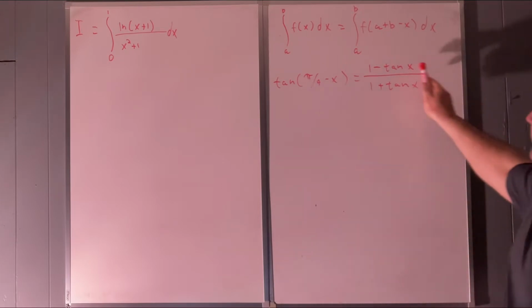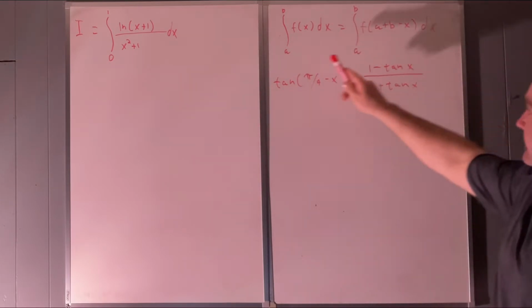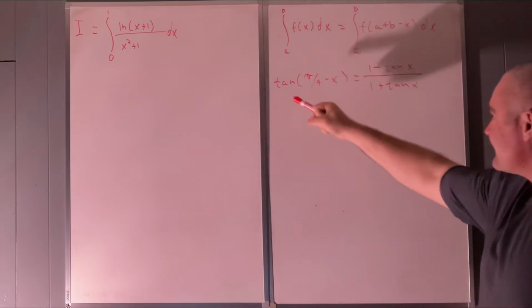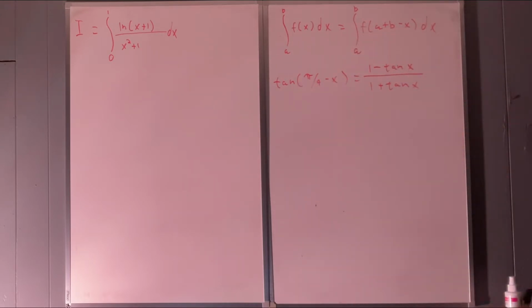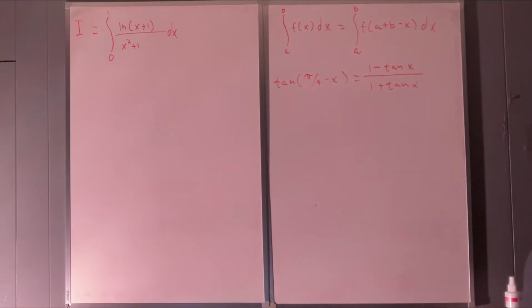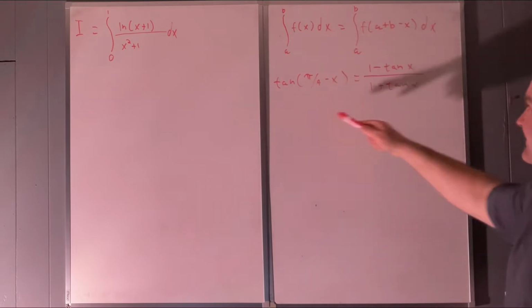And we're also going to be using kind of this obscure trig identity. It's not hard to prove. You can prove this by utilizing the angle sum identities in trigonometry on pi over 4 minus x. Like I said, this is easy to prove.